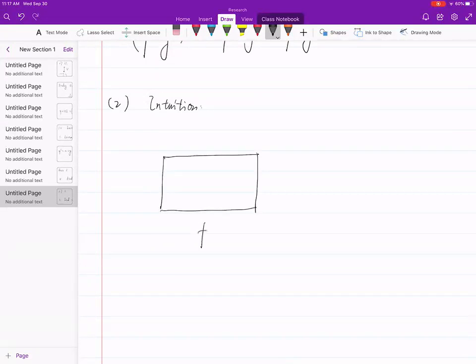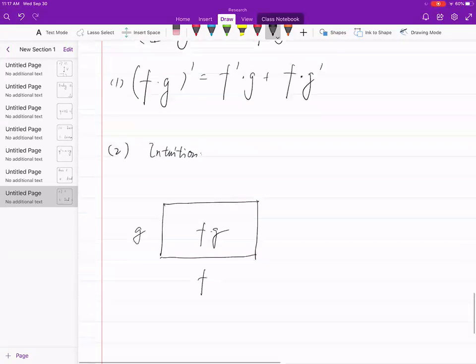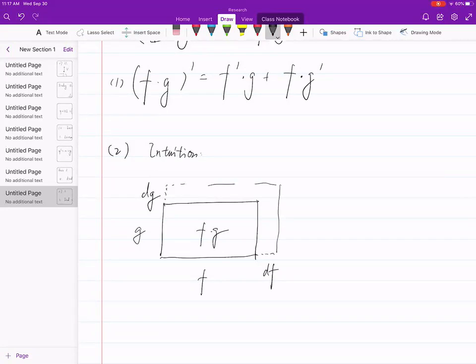If this is F, this is G, this is F times G. Now what you're asking is how much the whole area is changed if I change my length of both a little bit by dg and df. Good so far? Then we say the whole change is actually the whole increment of this band, which can be decomposed into 3 parts.